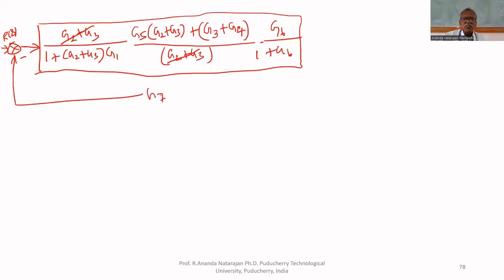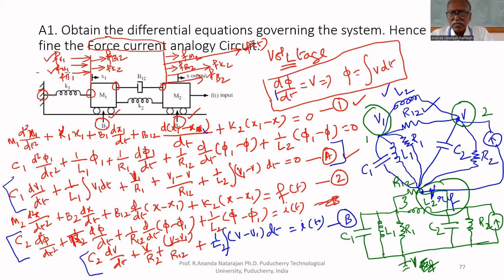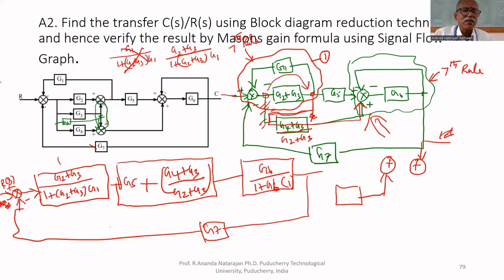This is G7. Some students ask why they put G1 upon G2, because this is G1, G7. Don't consider those suffix numbers. Suffix can be given; for this, we can give G7, here you can give G2.